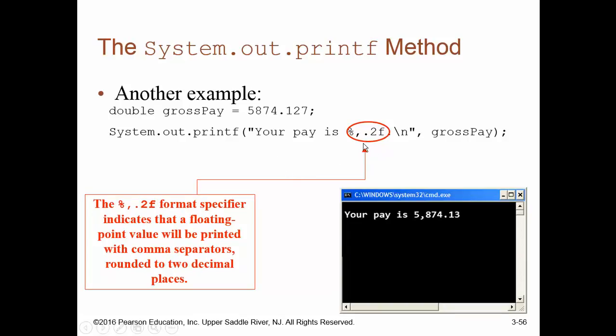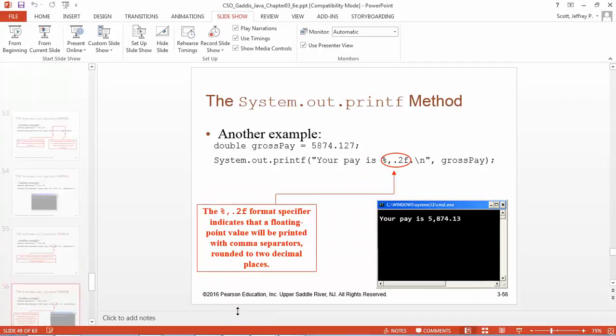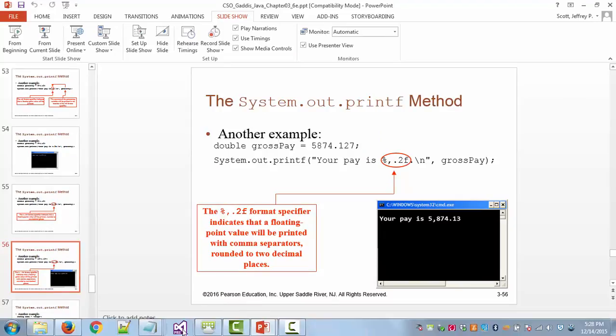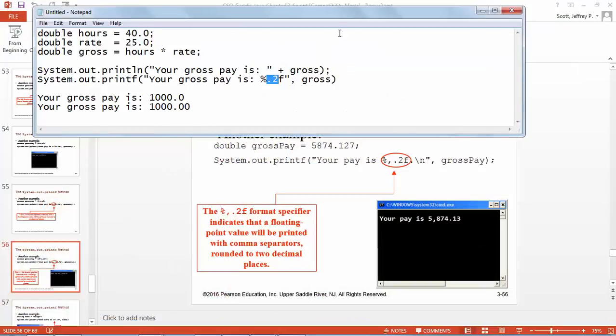Also, when you come in here, notice what they've done is they put a comma in. This is fairly new to Java, so it says %,.2F. All right. So if we go back to our example and we put the comma in after the % sign in the example I gave you. All right. So let's put a third one in here.